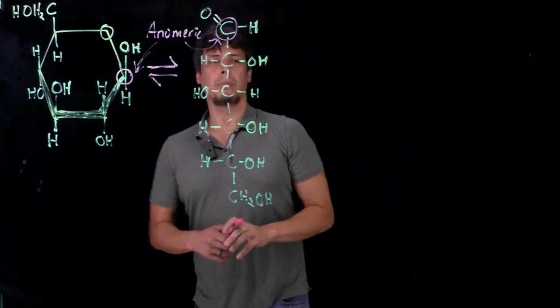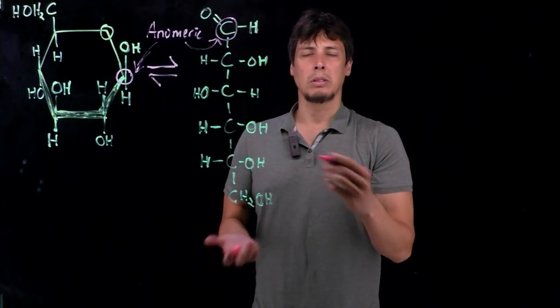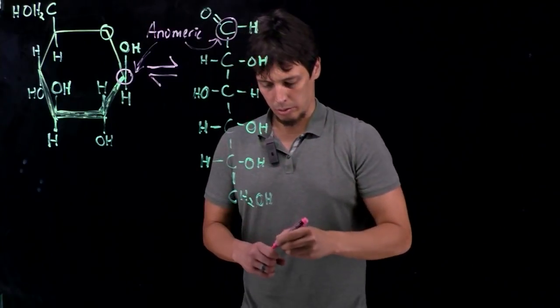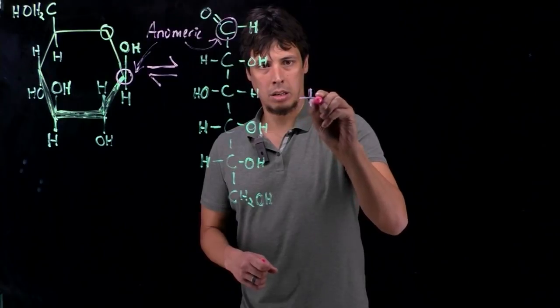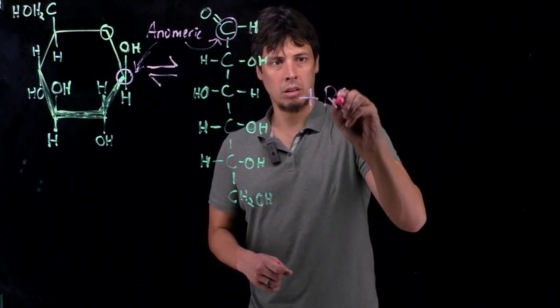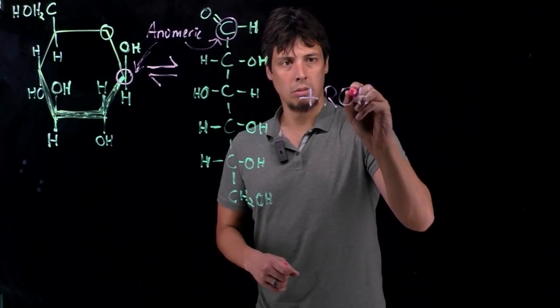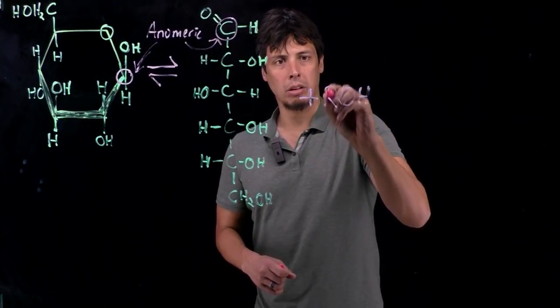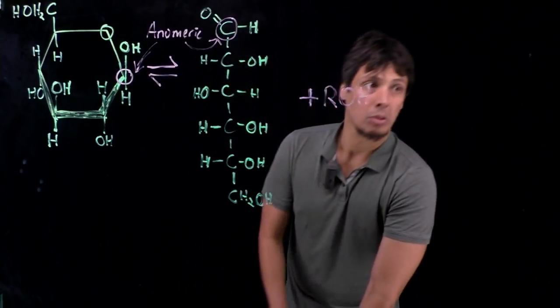Okay, now what happens when you react an alcohol with a carbonyl, such as an aldehyde or a ketone? So if we add ROH, an alcohol, where R is any group, but we can think of it as ethanol or methanol, so R can be a methyl or an ethyl group of some sort.